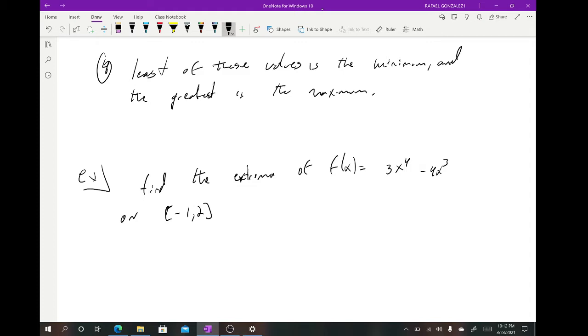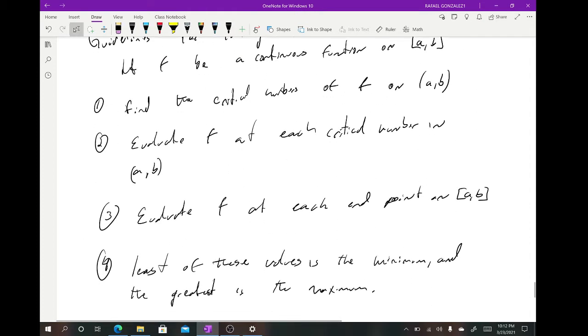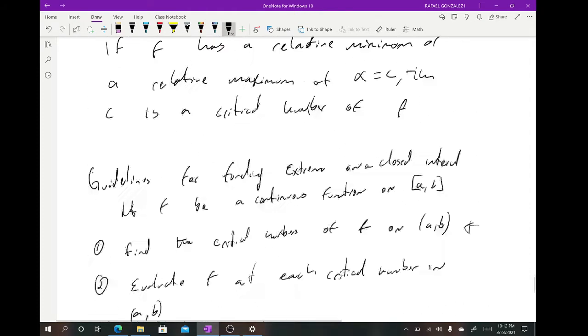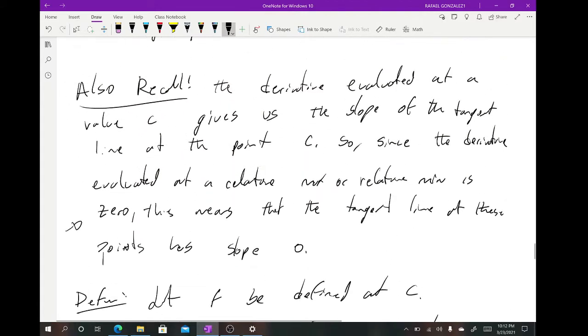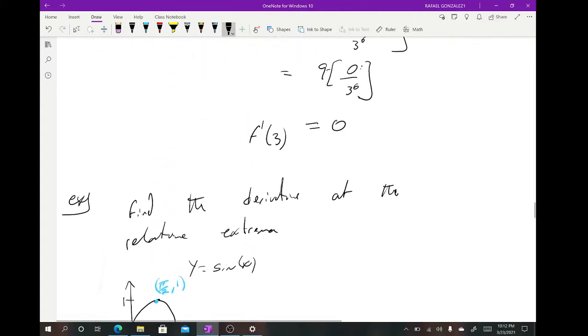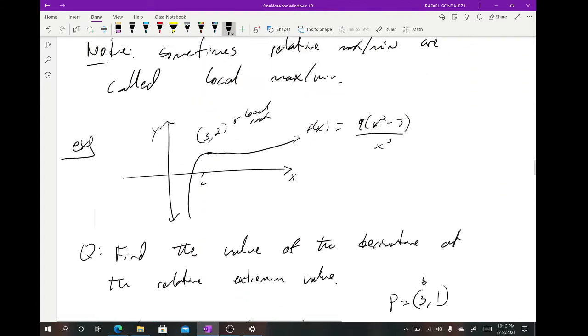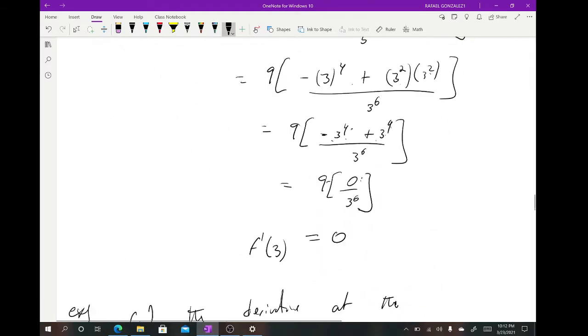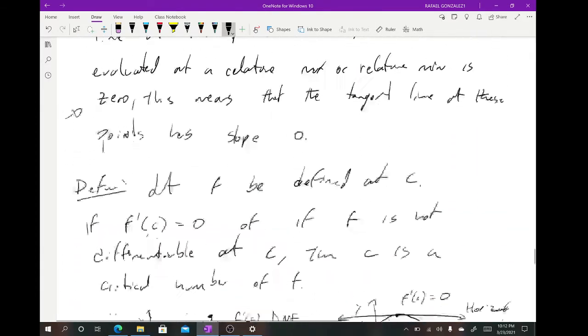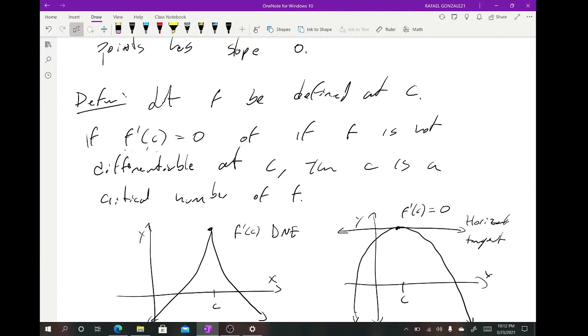So the first thing we do by our steps is to find the critical numbers. By definition from the previous part, a critical number is a number for which the derivative is equal to 0.